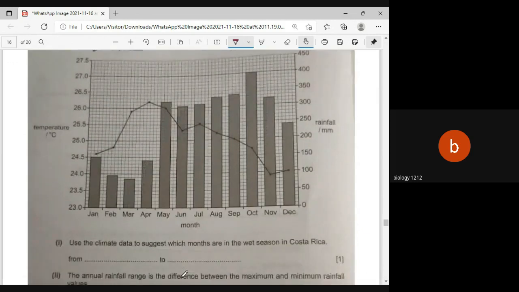Where we have the highest rainfall, we can say May, as you can see, as well as in November, we have a better rainfall or a wet condition. So you can put it right from the May month to November month, because in December it is getting dry. So you can put it May to November. That's the answer, which gives you 1 mark here.